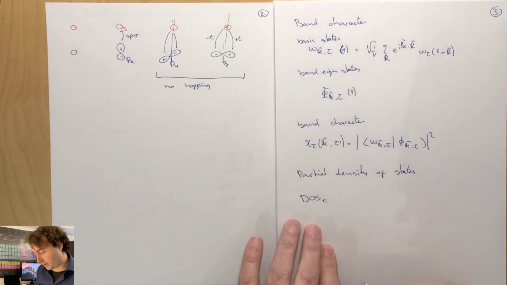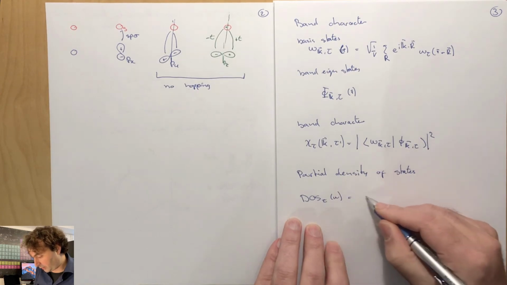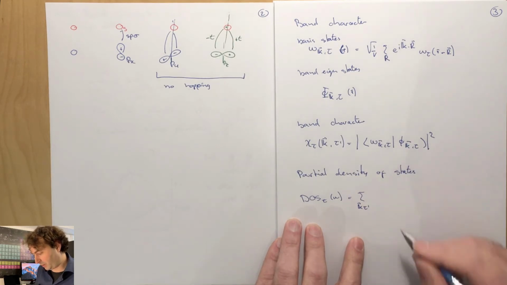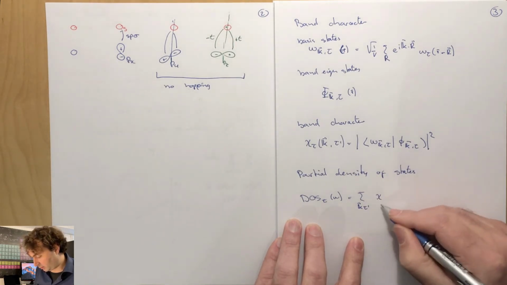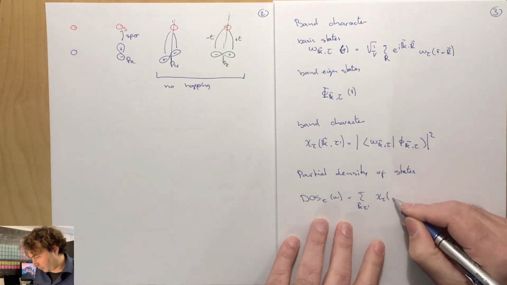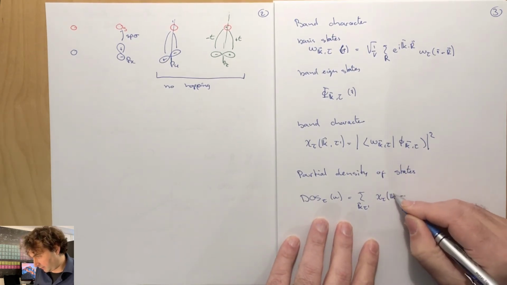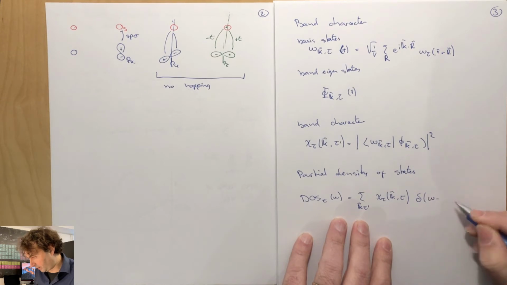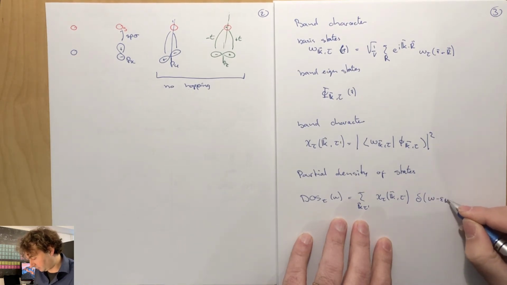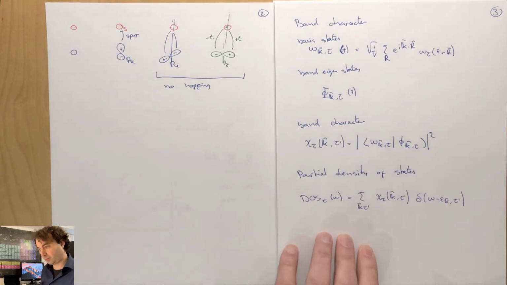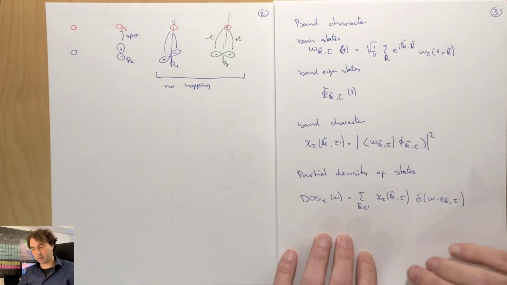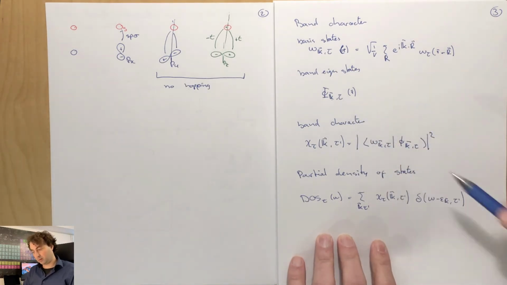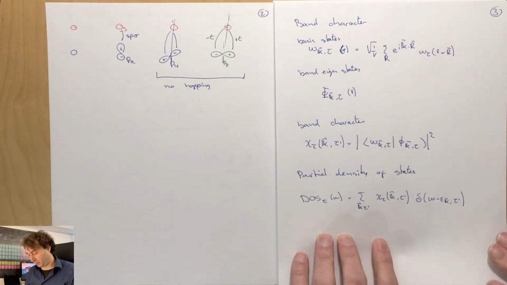So the partial densities of states of quantum number tau at energy omega is a sum over all crystal momenta and all eigenstates or band indices of the band character of that eigenstate times a delta function at the eigenenergy of that state, where epsilon k is the eigenenergy of the state with wave function of crystal momentum k and band index tau, or tau prime in this case.